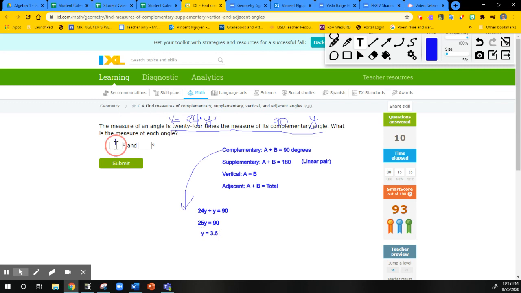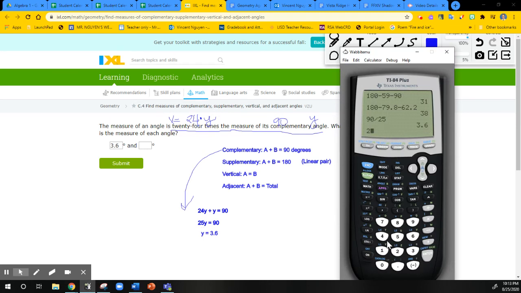So one of the angles is 3.6. And the other angle is 24 times that. So what is 24 times 3.6? It is equal to 86.4, right?